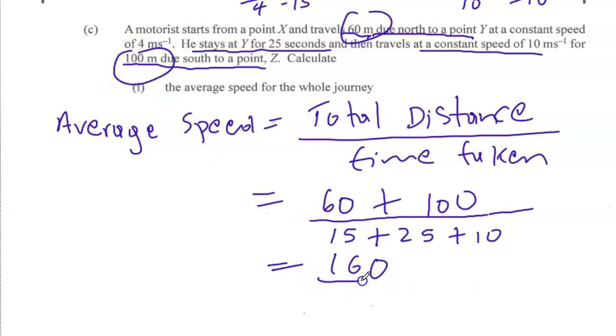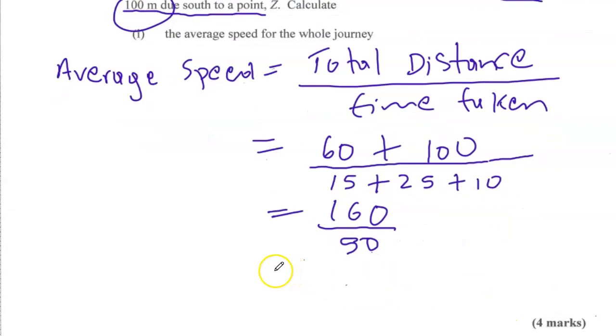And then the time taken, add all these three values: 15 and 25 is 40, 40 and 10 is 50. So it's 160 divided by 50. So the average speed is 3.2 meters per second.